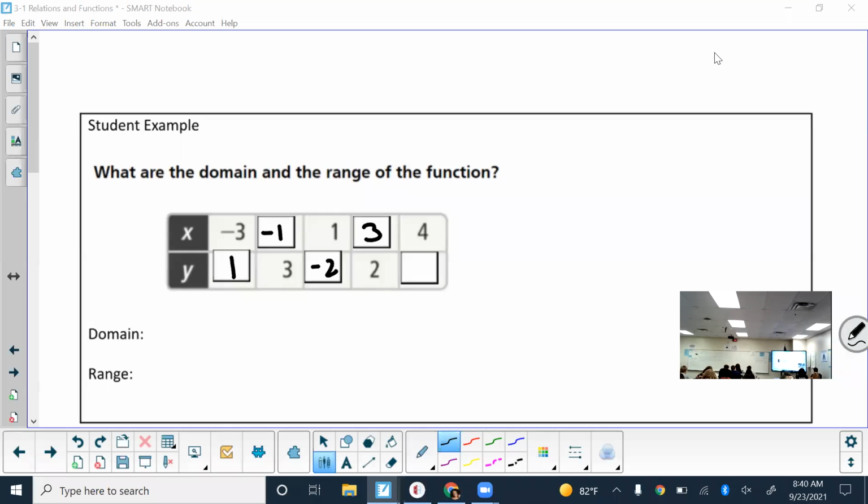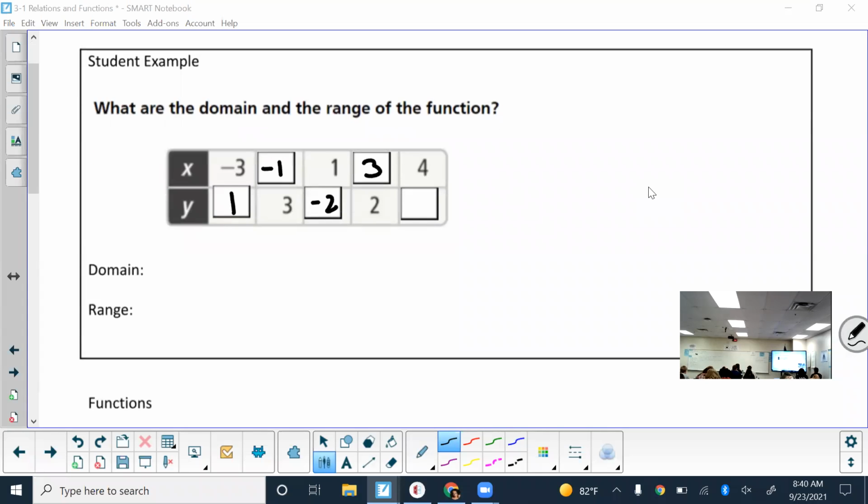All right, so what is the domain of this function? Good. Now, are -3 and 3 the same number? No, so yes, you do have to write them both. I did have that question earlier. Just think about it like a balance in your bank account.